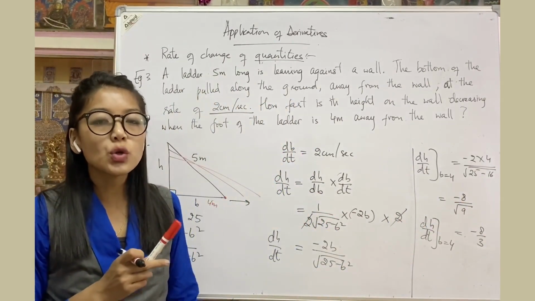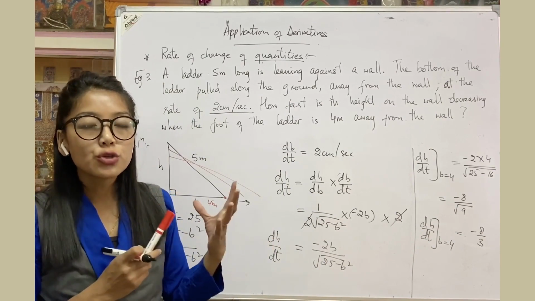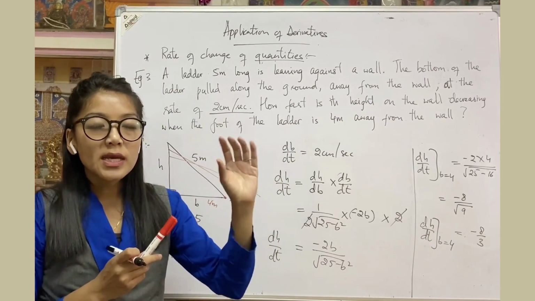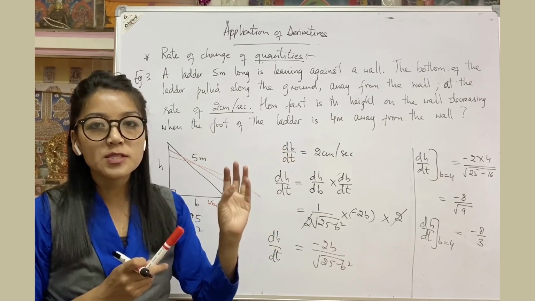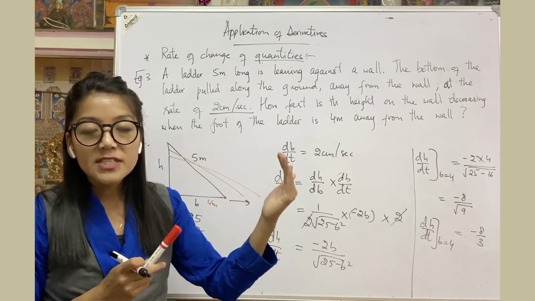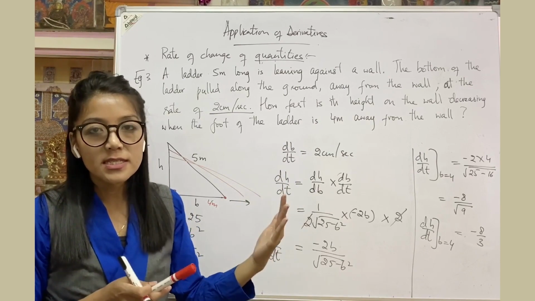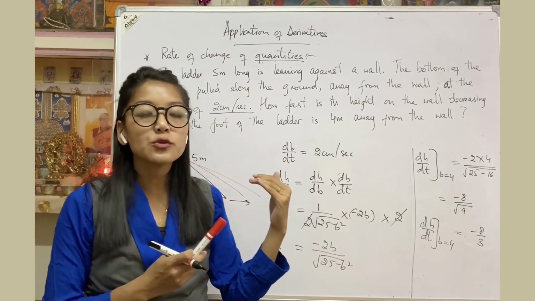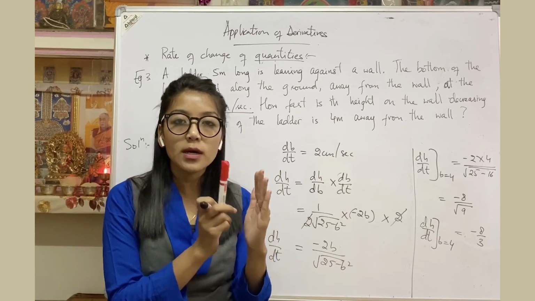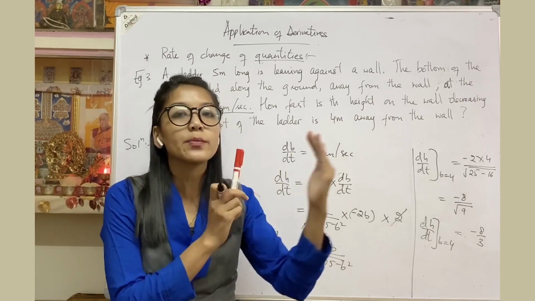Is that clear? So all the concepts are same. You should know what we mean by dy by dx: that is the rate of change of y with respect to x. If it is dy by dt, that is the rate of change of y with respect to time. So y depends on x, and x depends on t.